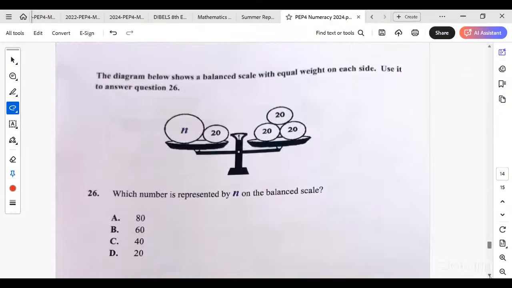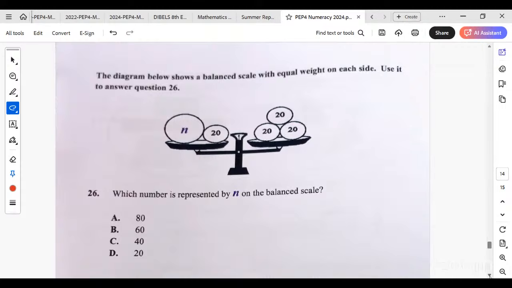The diagram below shows a balanced scale with equal weight on each side. Use it to answer question 26. So on one side, we see n with 20, and then the other side, we have 20 plus 20 plus 20. So they're both equal, so 20 plus 20 plus 20 would be 60.